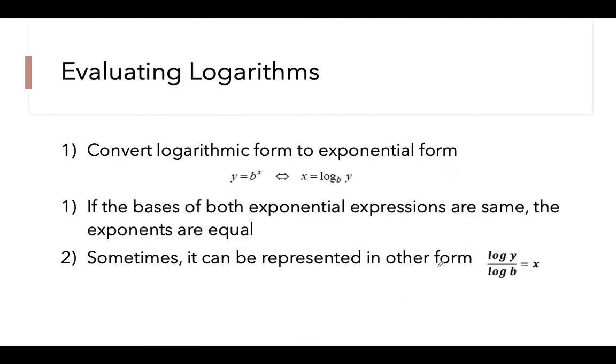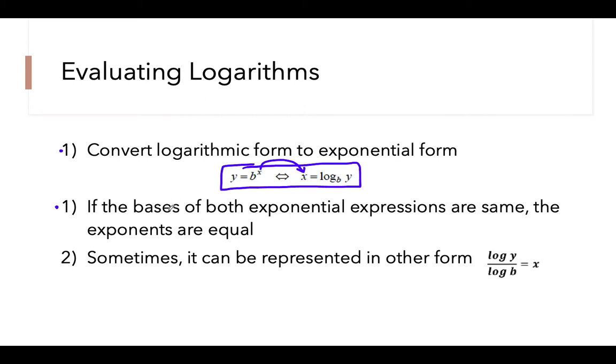Now, when we are evaluating logarithms, there are 3 steps that I want you to consider. First, convert logarithmic form to exponential form, which we learned in the previous sections. The base stays the same, and the exponent becomes the output of the logarithm.